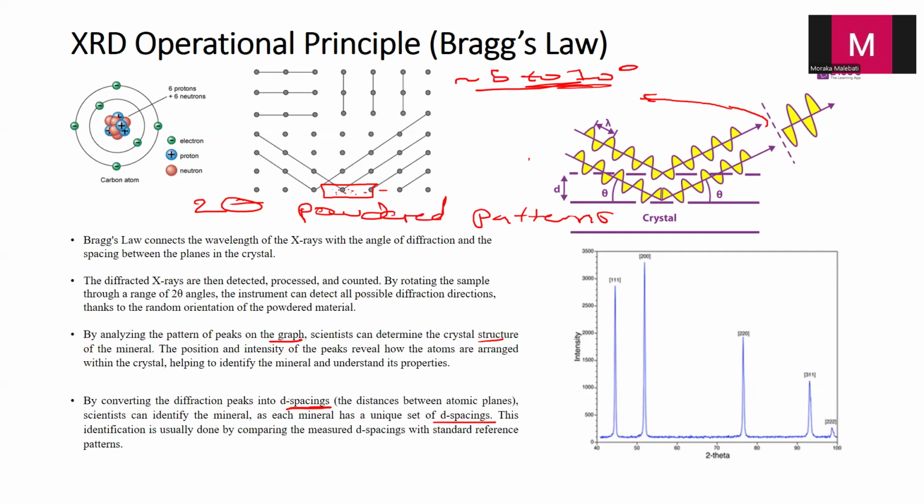I hope you understand now that each mineral has specific d-spacings. If we compare these d-spacings with the standard frame of reference, we'll be able to identify the different minerals. I hope this makes sense.